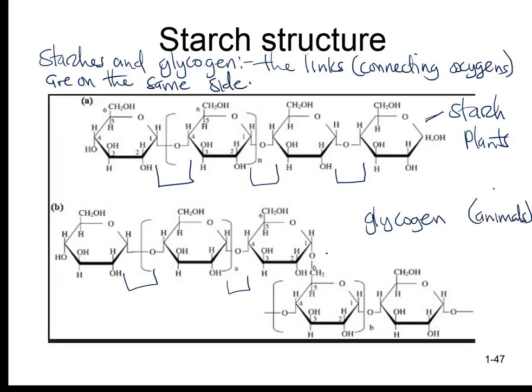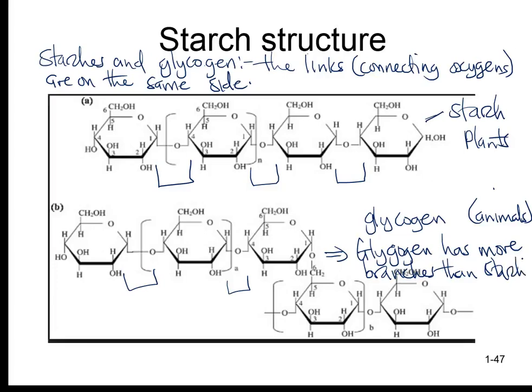Glycogen is different also from starch because glycogen has more branches than starch. You can see here, it is showing us a branch. We are moving here, we are branching here, but the other is continuing.